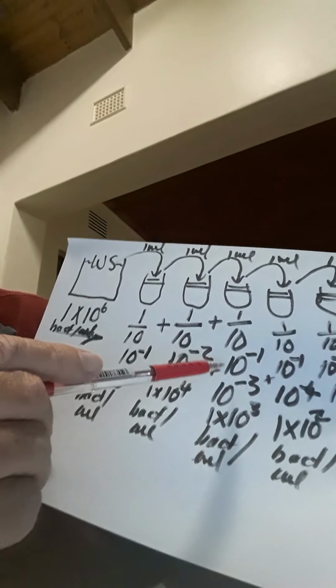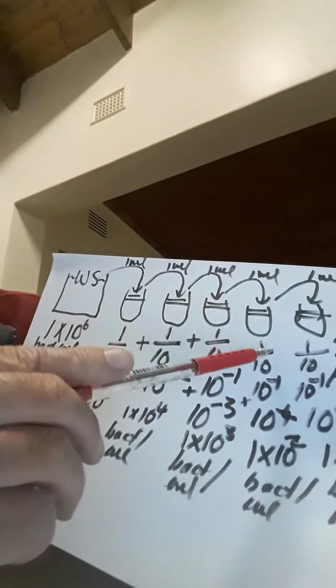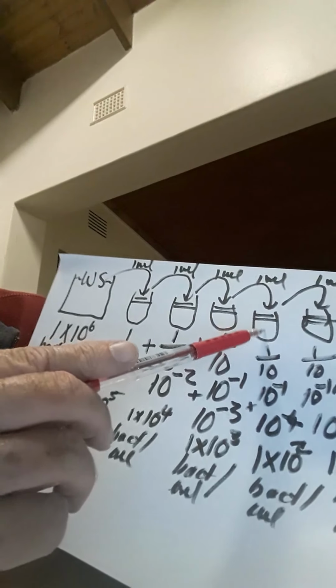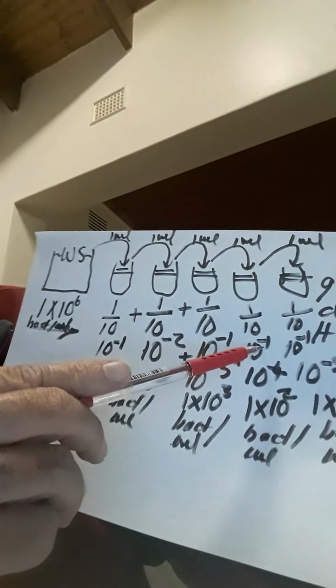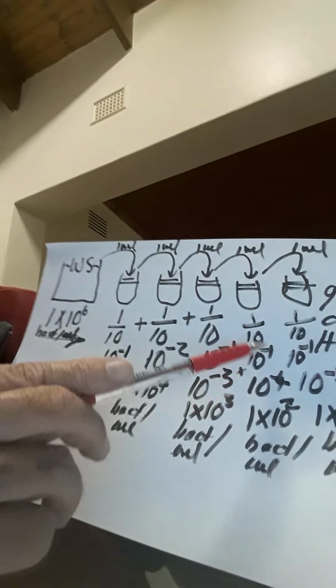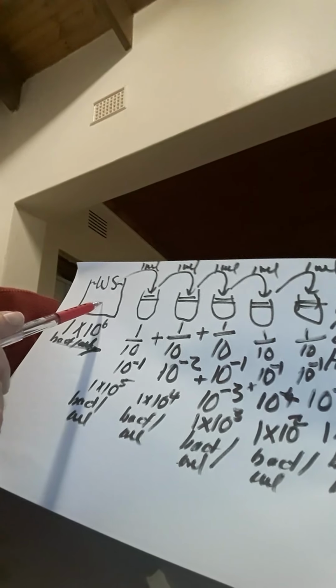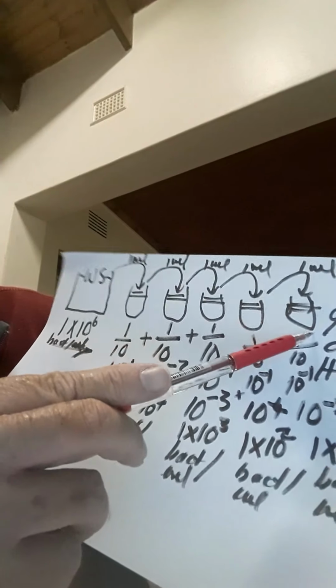And so we carry on. Take another 1 ml over to there, it's another 1 in 10, a 10 minus 1 dilution. 10 minus 3 plus 10 minus 1, so we are now at a 10 minus 4 dilution from the original sample. Now I carry on and make 10 minus 5.